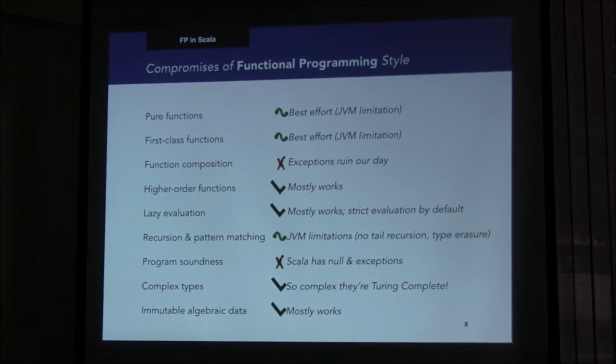This one, I think, the immutable algebraic data, is actually sort of the feather in Scala's cap. Even though it's horribly broken, because you have no guarantees because of how the JVM works. You can always take a class and do reflection, and you can change whatever you feel like, or rewrite bytecode.